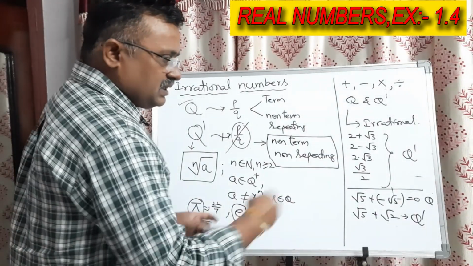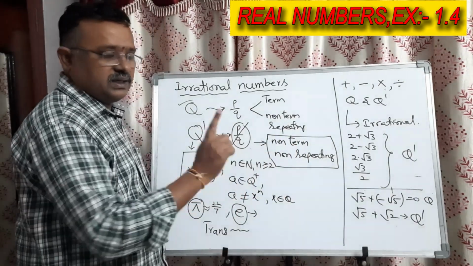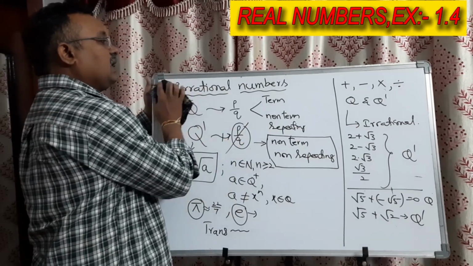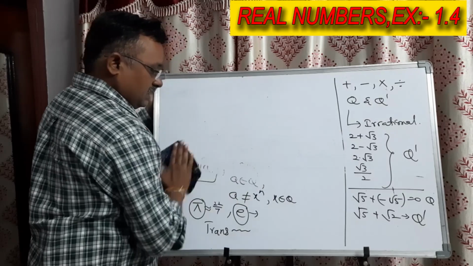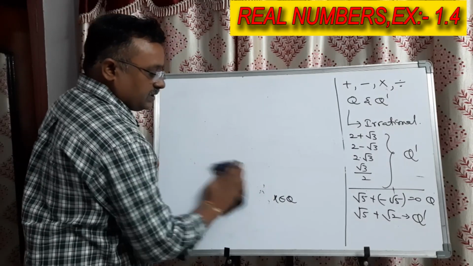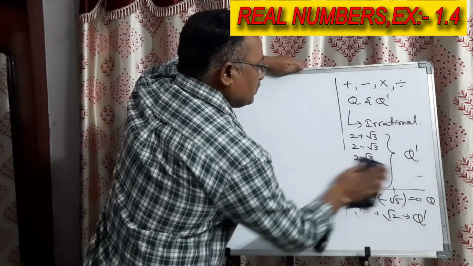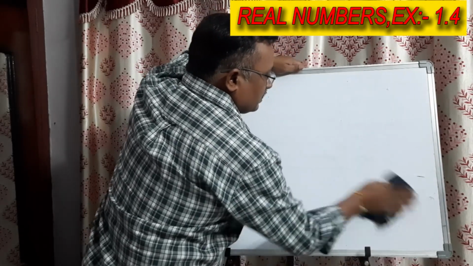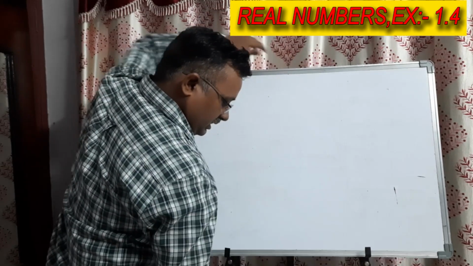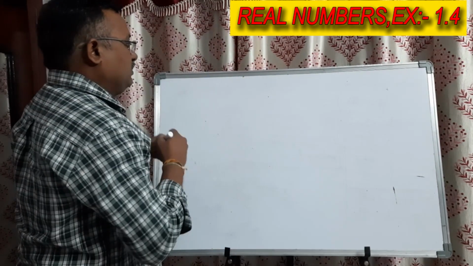So, little information only I am giving, but it is very clear. What long answer questions or short answer questions are there according to our syllabus, we will discuss now. Those complete problems are there in exercise 1.4.